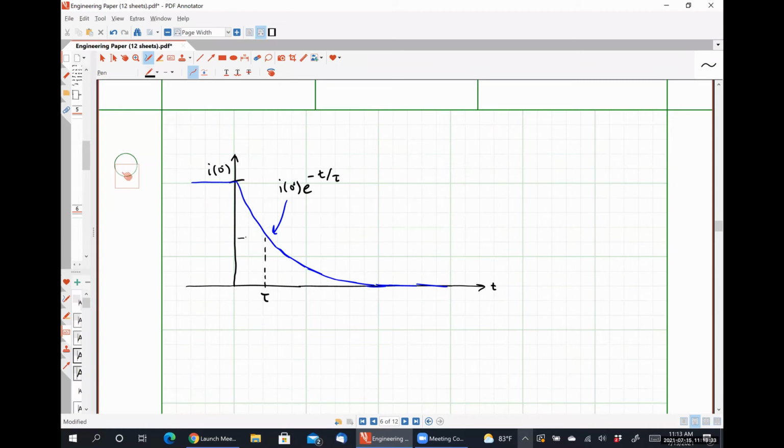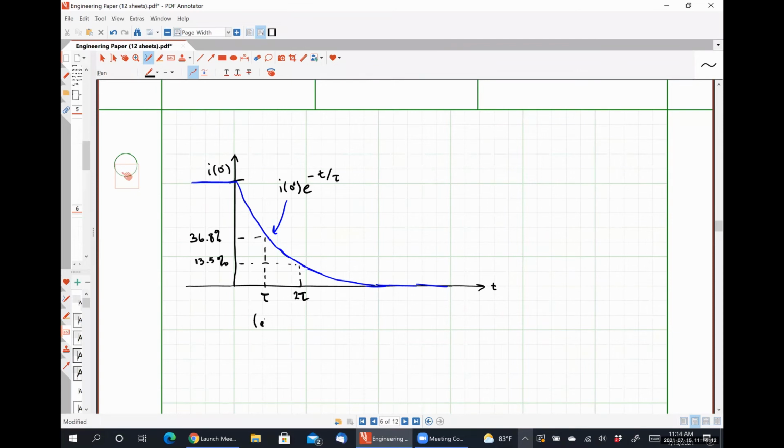it has decayed to, I think it's 37%, but let me just double check here, e to the minus 1. Yeah. 36.8% of its original value, and 2 time constants, so roughly here, it's down to 13.5%, right?